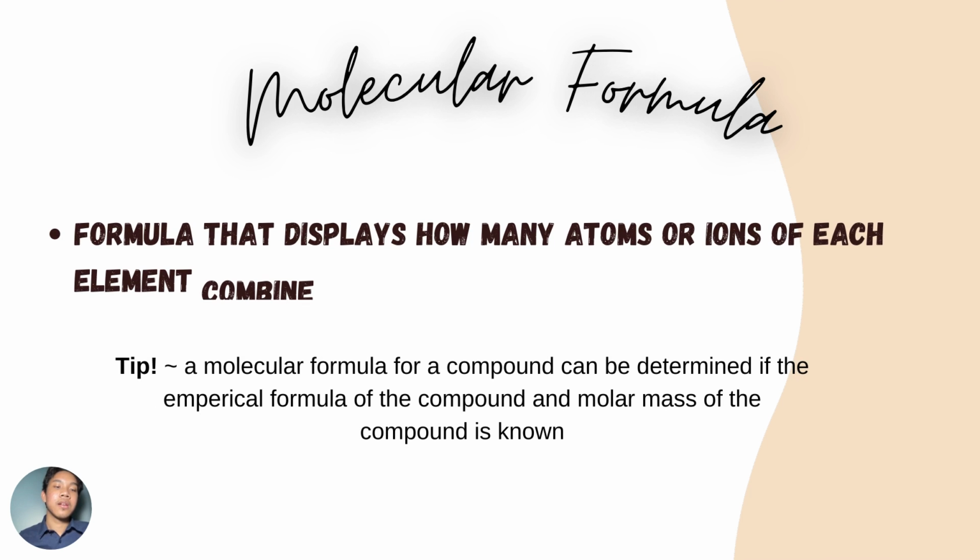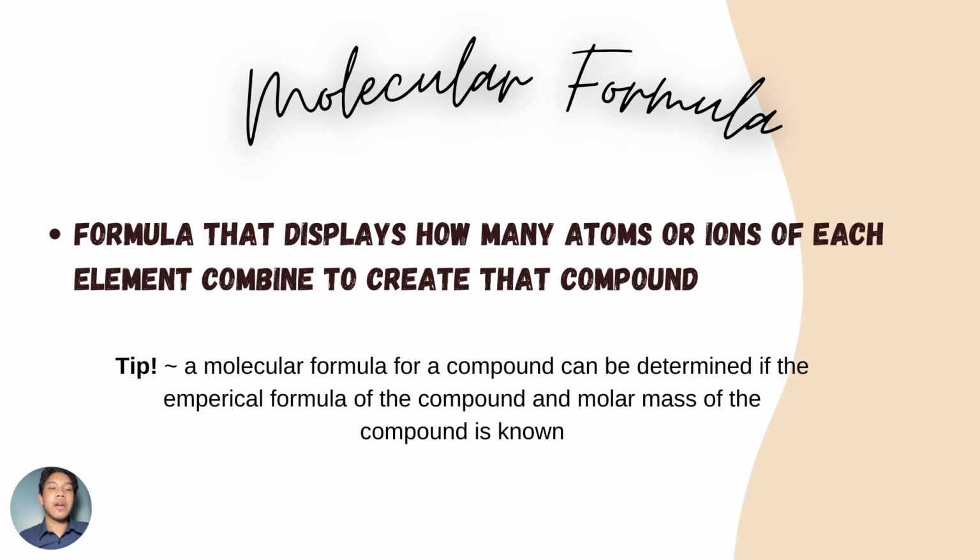All right, moving on. Next is molecular formula. A molecular formula is a formula that displays how many atoms or ions of each element combine to create that particular compound. Now here, the molecular formula is the actual formula, right?